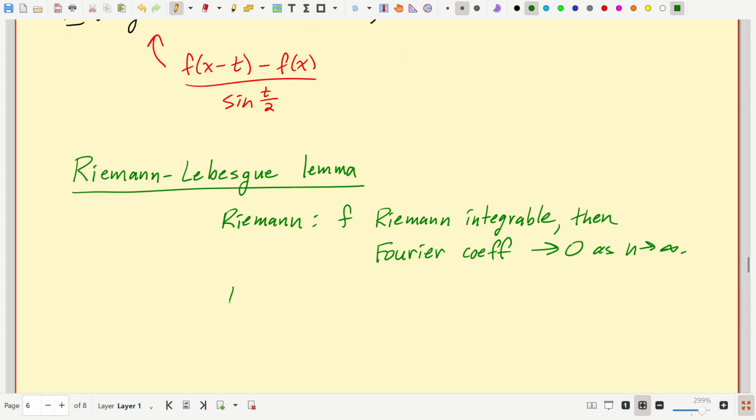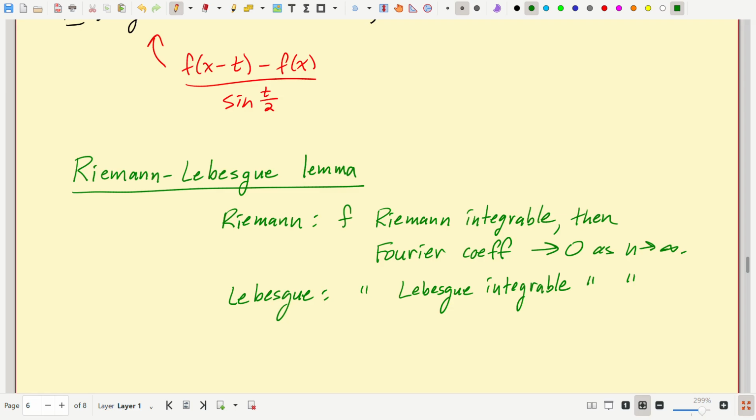And the Lebesgue version is the same thing, except Lebesgue integrable, which is a fancier thing. There are Lebesgue integrable functions that you can't even make sense of the Riemann integral.